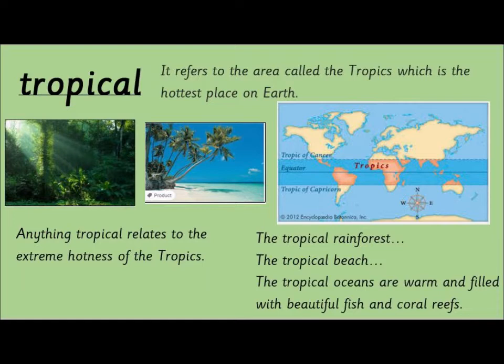So you have the tropical rainforest. You have the tropical beaches. Look at that beautiful, warm, sunny beach. And the tropical oceans are warm and filled with beautiful fish and coral reefs. In fact, they're filled with tropical fish and tropical coral reefs. So anything that is tropical is from the tropics, where it's extremely hot.